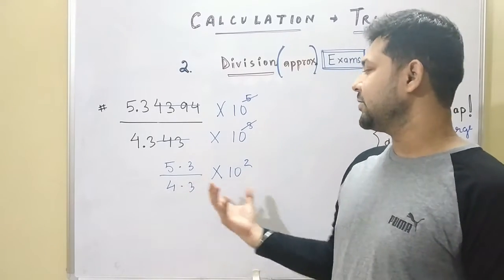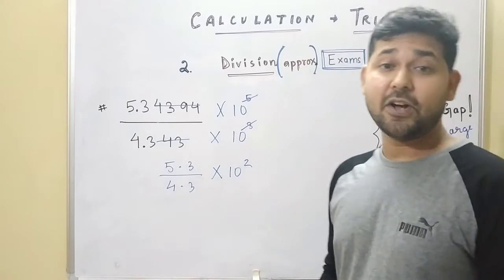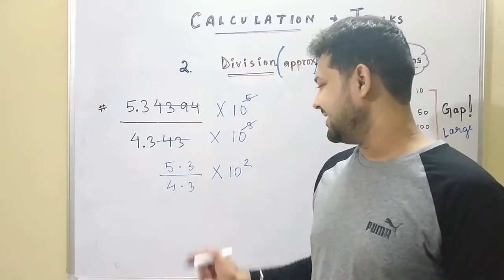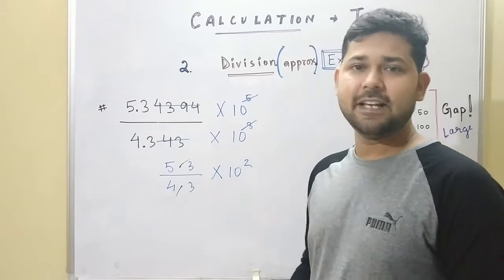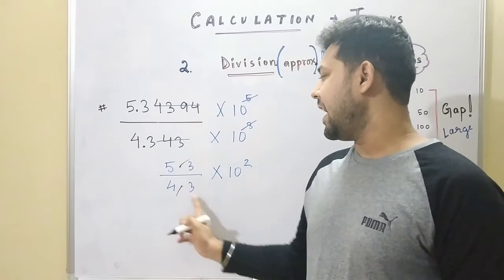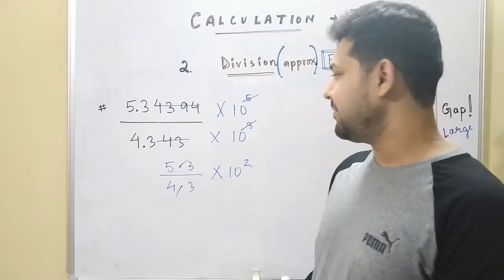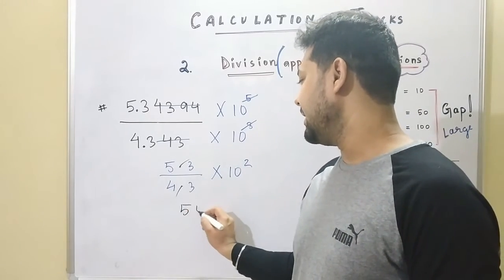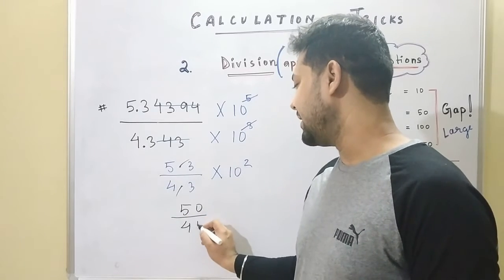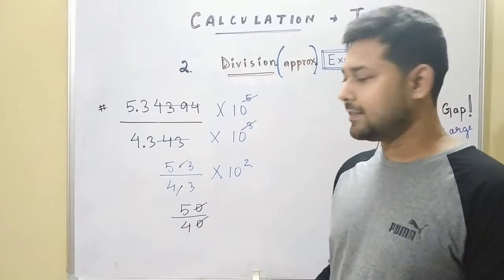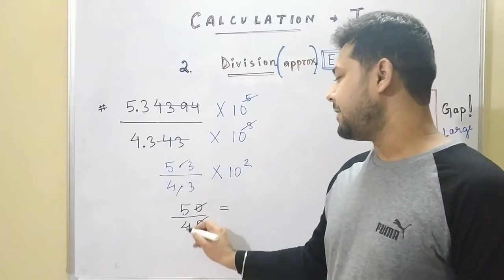You can simply solve this very quickly, right? You just take this decimal out, 53 and 43. You just take them to the nearest multiple of 10. So I am just putting here 50 and 40. Okay, so this 0 would be cancelled and this 5 by 4.